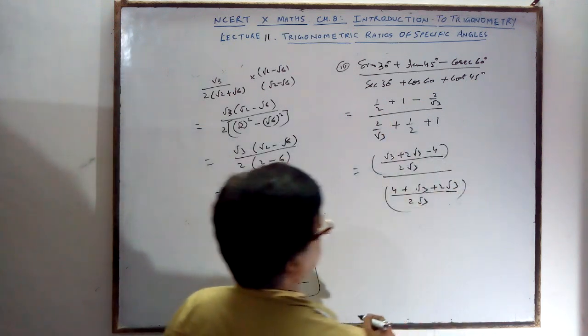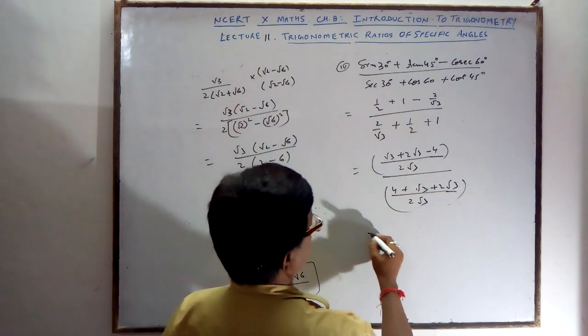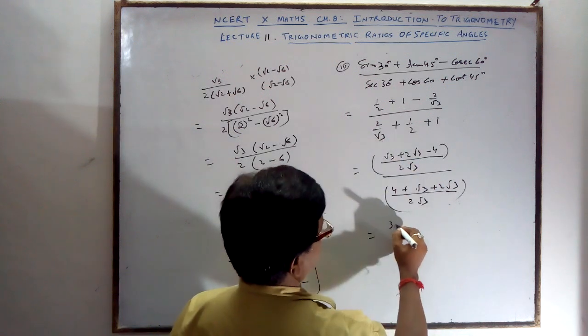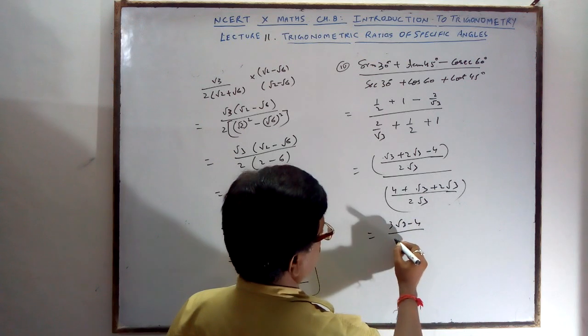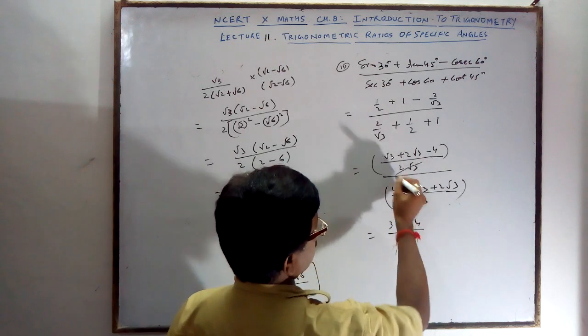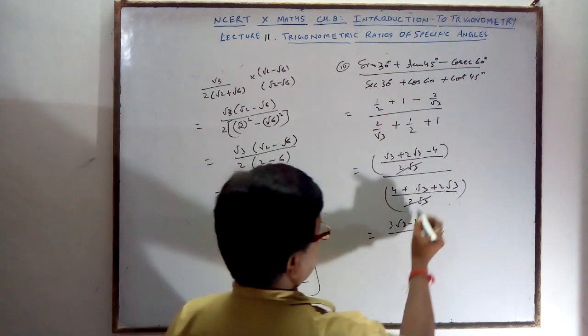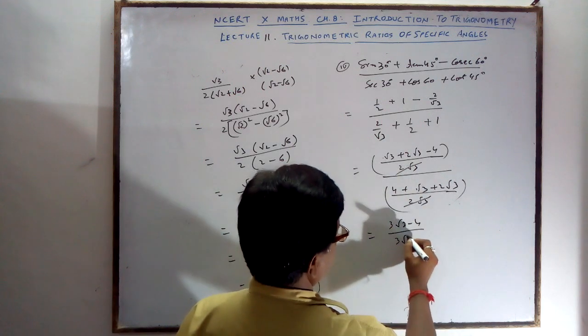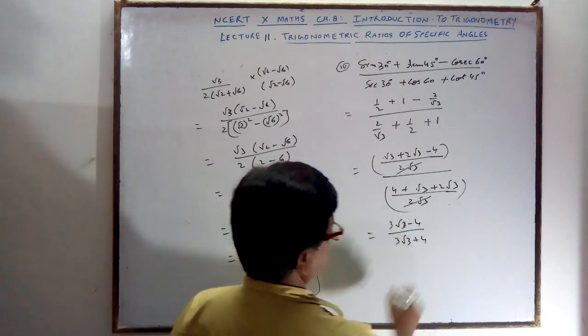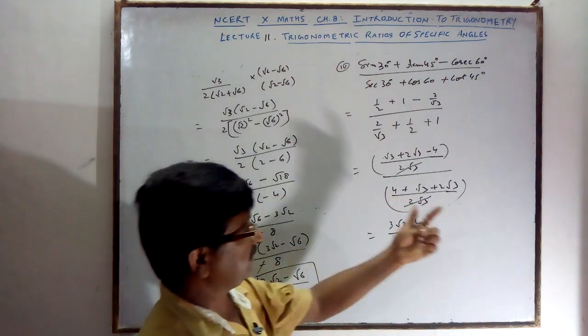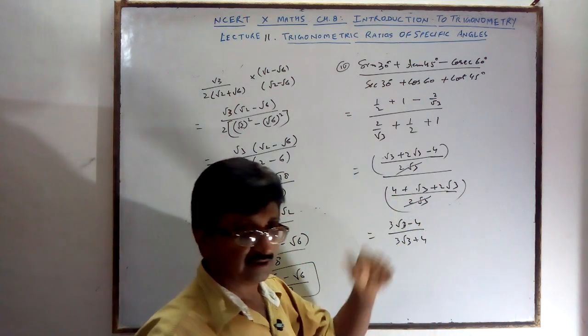So you are getting 2 plus 1, 3 root 3 minus 4 in the numerator, and the 2 will be cancelled, and denominator 2 plus 1, 3 root 3 plus 4. 3 root 3 minus 4 there and 3 root 3 plus 4.